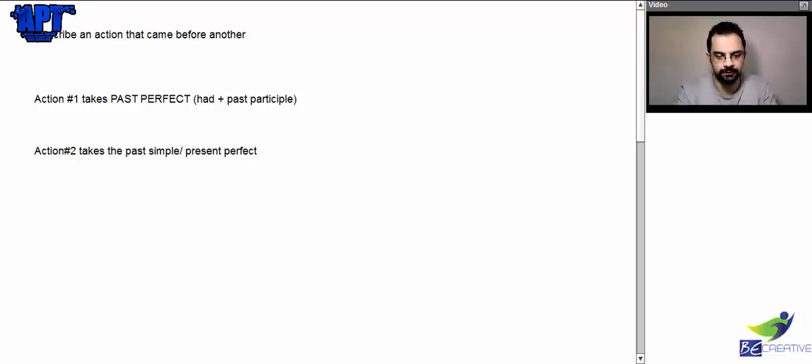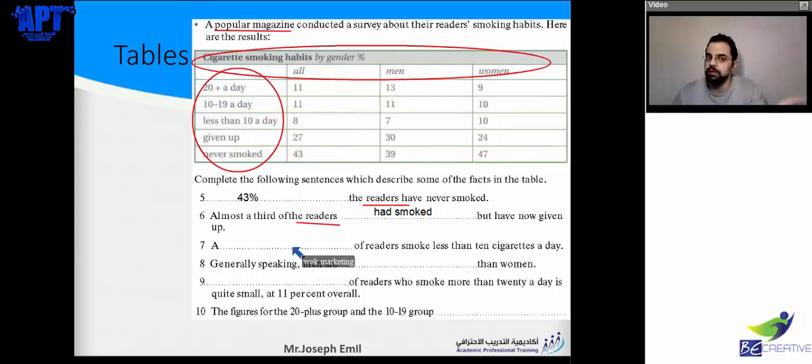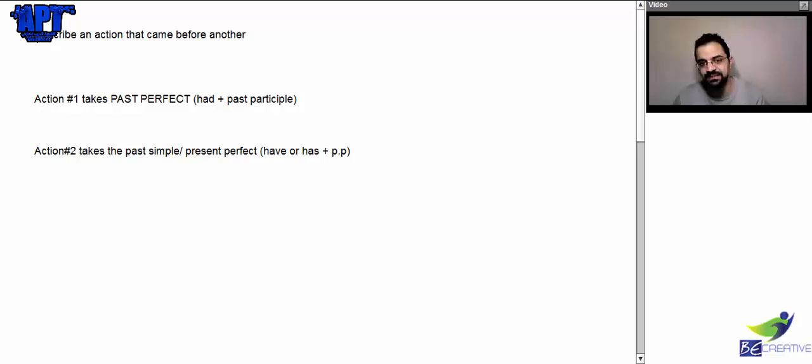Of course, the present perfect is have, or has, plus the third form. So this is our rule here. So I had prepared this lesson before it began. I had prepared this lesson before it began.